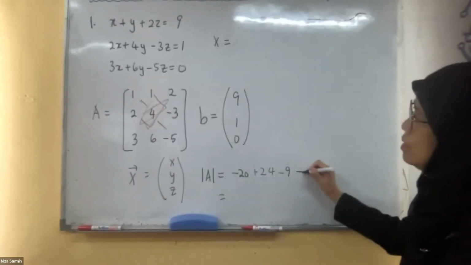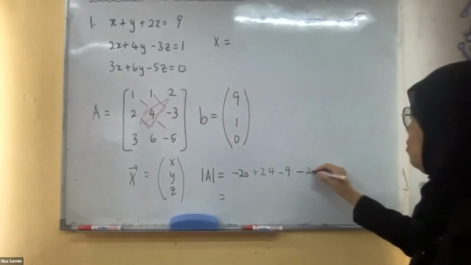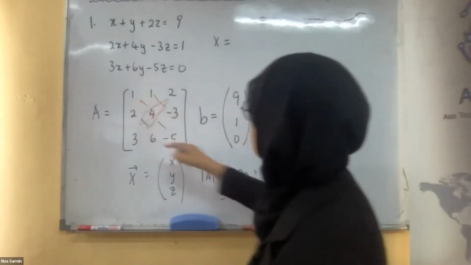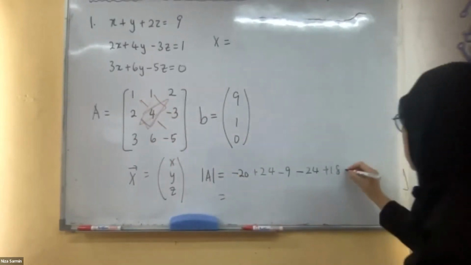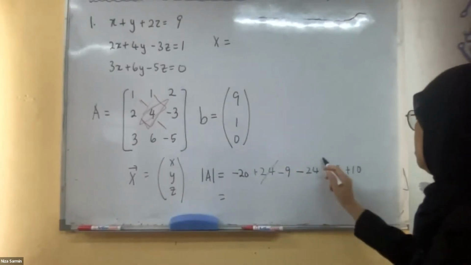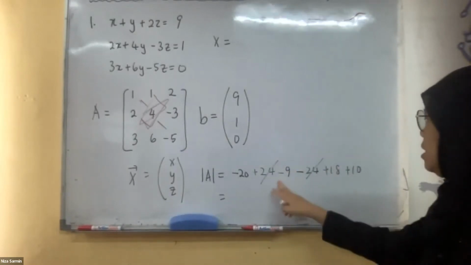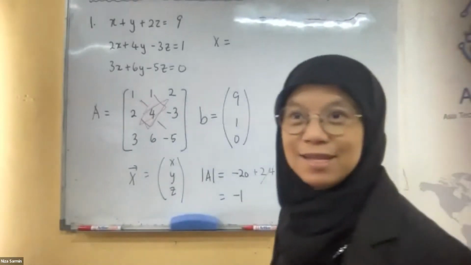Okay, and then minus, back again, 24 plus 18 plus 10. What's the answer? 29 and 28. Right? Done.